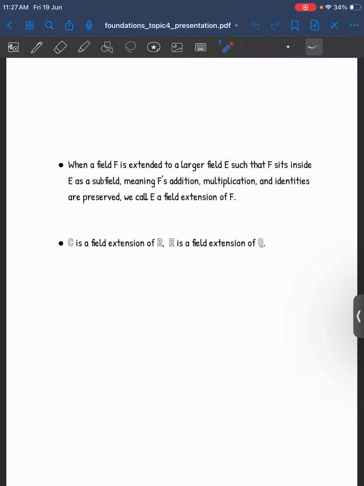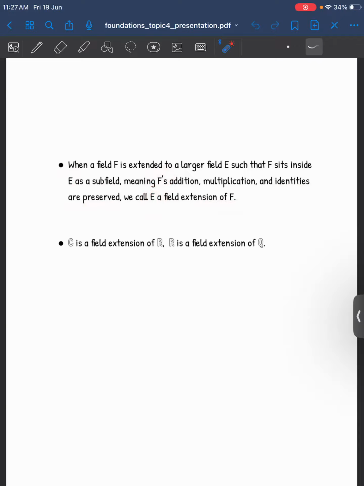So F is extended to E, so the reals were extended to the set of complex numbers, and the reals were sitting inside the complex numbers as a subfield. Meaning the addition and multiplication of the reals, so F in this case, and the identities are all preserved. Then we say E is a field extension of F.